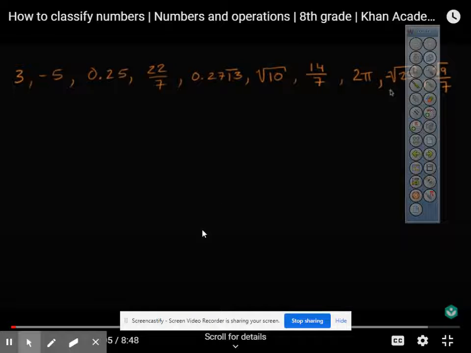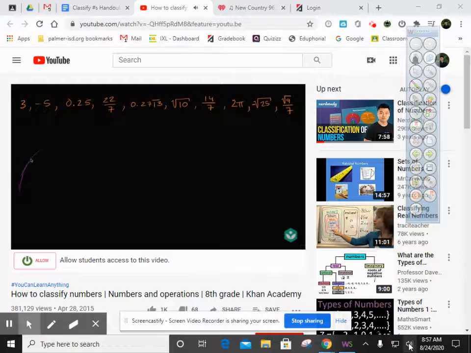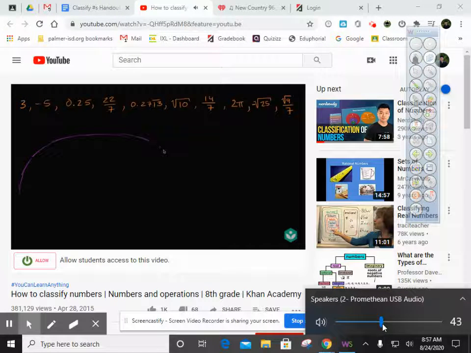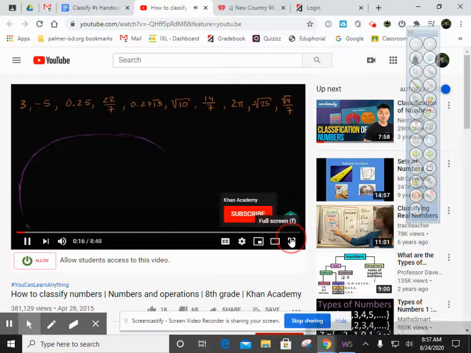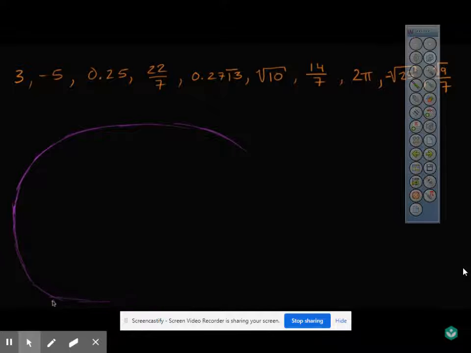Videos to see if we can classify them into different types of number categories. So let me draw the categories. This circle over here represents all of the numbers that can be represented as a fraction of two integers. And of course, the denominator can't be equal to 0 because we don't know what it means to put a 0 in the denominator. So the standard way of calling these things that can be represented as a fraction of two integers, we call these rational numbers.